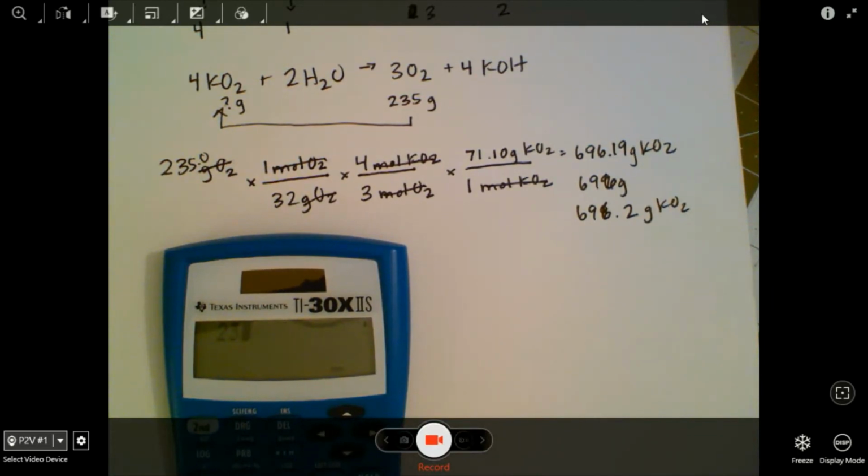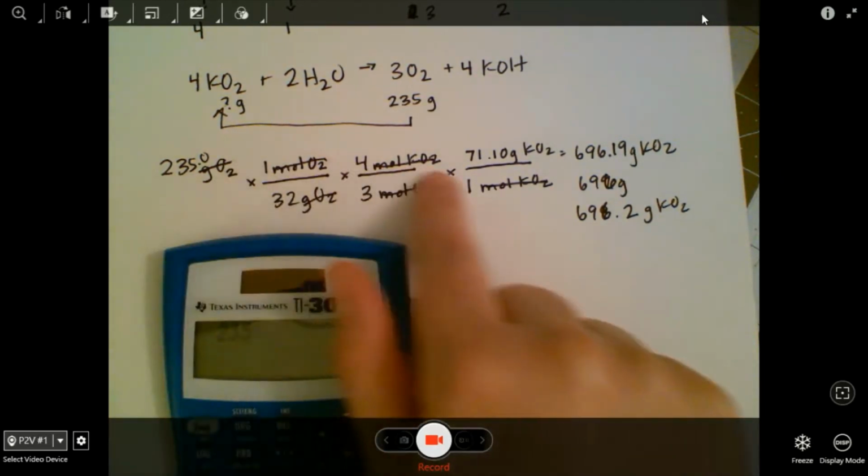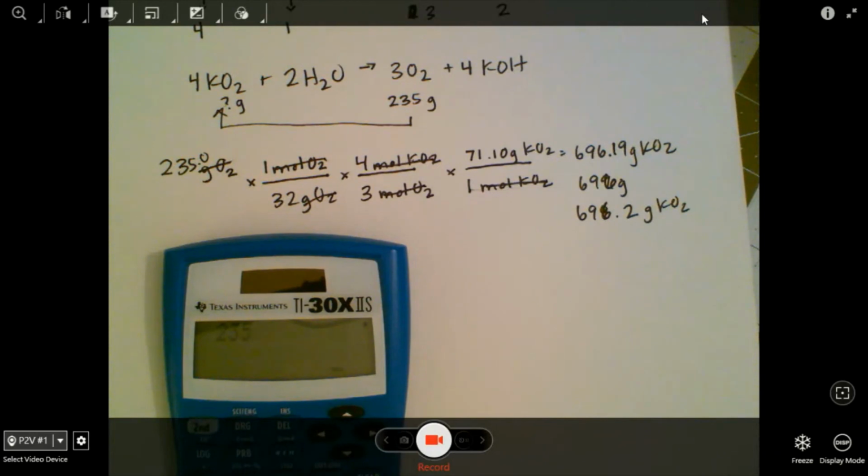Okay, I want to show you what happens when you do this incorrectly, because I see this happen a lot with students. So they will multiply all the top here. They'll do 235 times 4 times 71.1, and then they'll hit the divide key. They're like, oh, I've got this. I'm going to divide by 32 times 3, right? And you get a number that's 6,265.